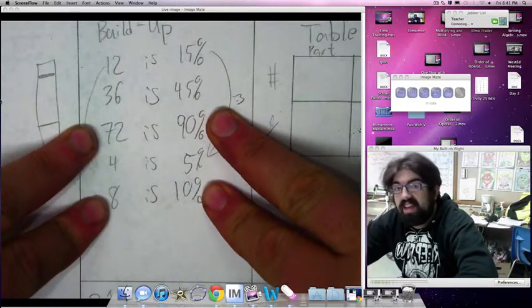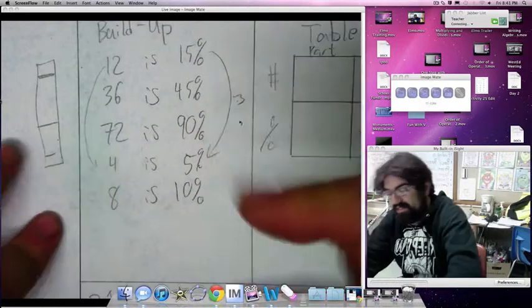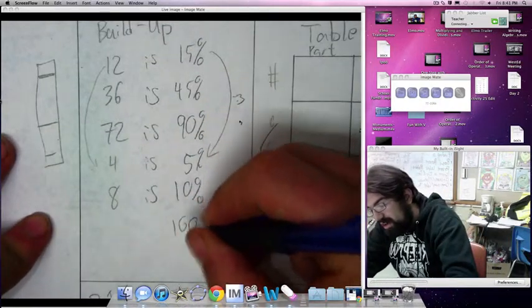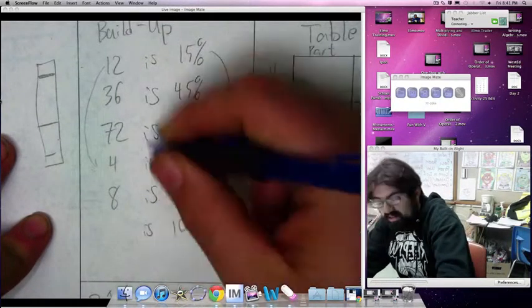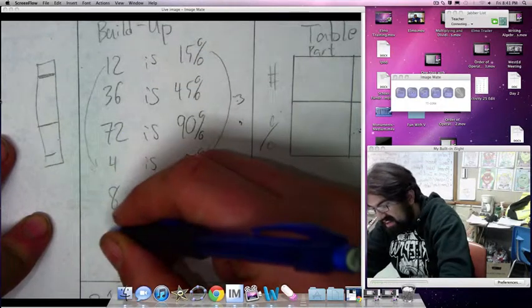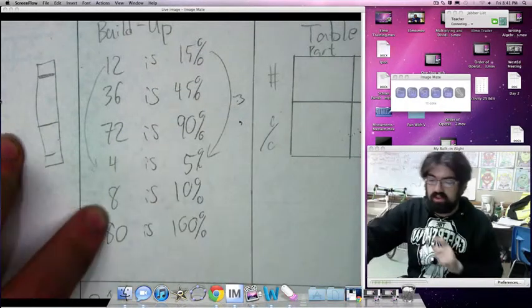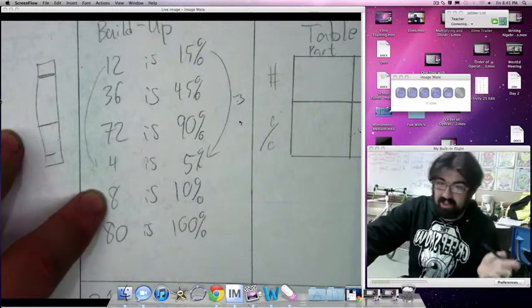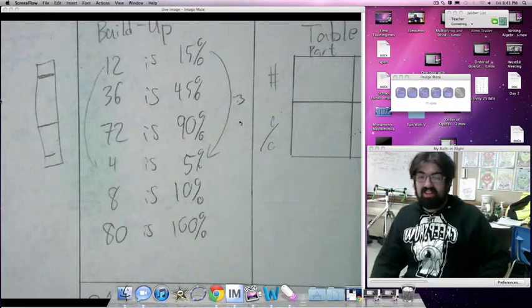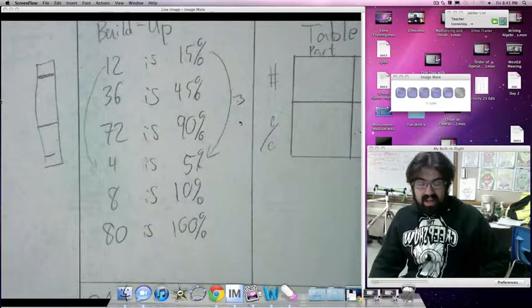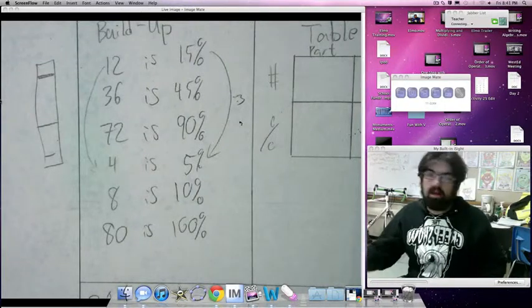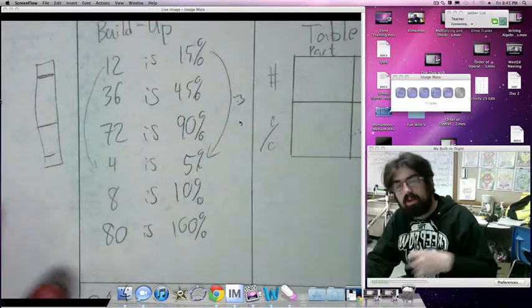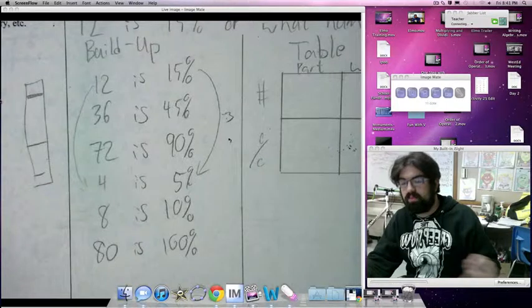72 and 10 make 100. So that means 72 plus 8, that's 80. Also, if you notice, I could have just moved the decimal, and that's 80 also. So 80 is 100%. Perfect. Done. Now comes the part of the full sentence.